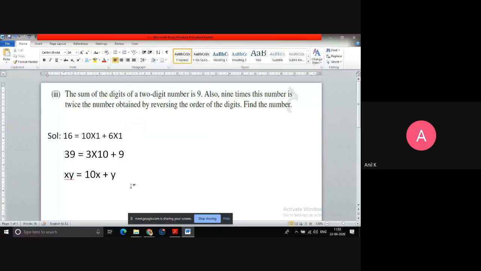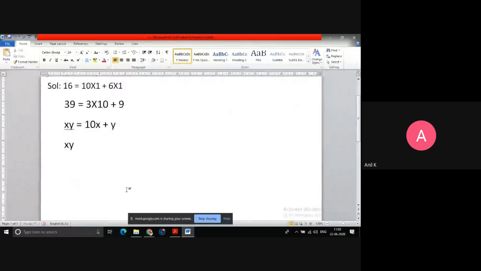If I say xy is a 2-digit number, then only I can write it as 10x plus y. If they say x multiplied by y, then I'll put it as xy only, because x multiplied by y can be written as x into y, which we generally write as xy. But you have to be very careful: if it is a 2-digit number, then only I can write it as 10x plus y. If it is x multiplied by y, then it has to be x into y, or another way you can write x multiplied by y.